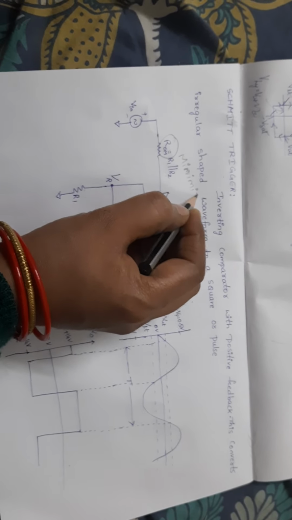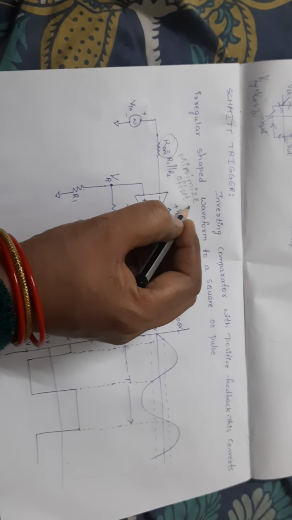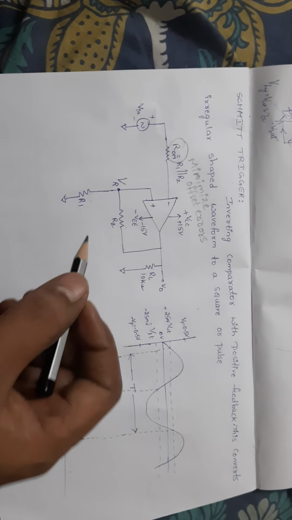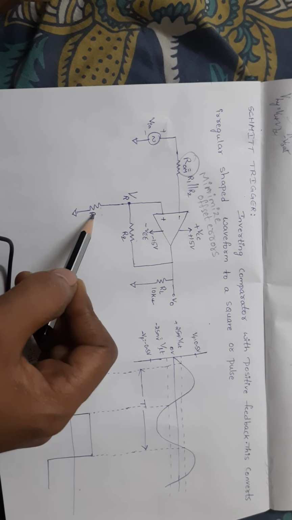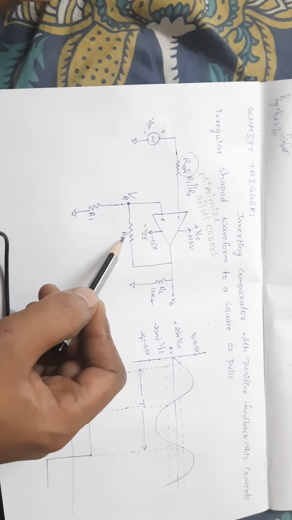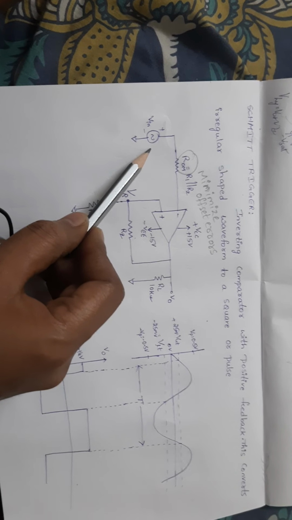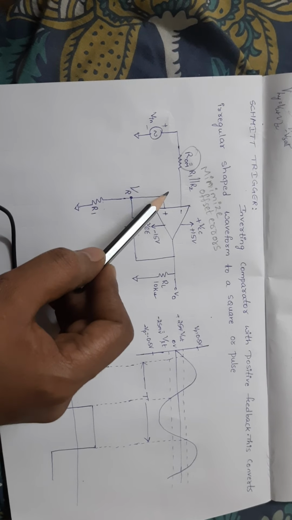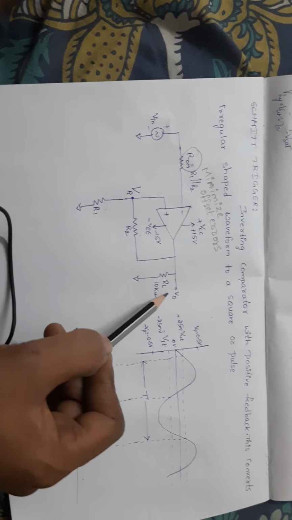And this R1 and R2 act as the voltage divider, and this input VIN triggers or changes the state every time the output exceeds certain voltage levels.